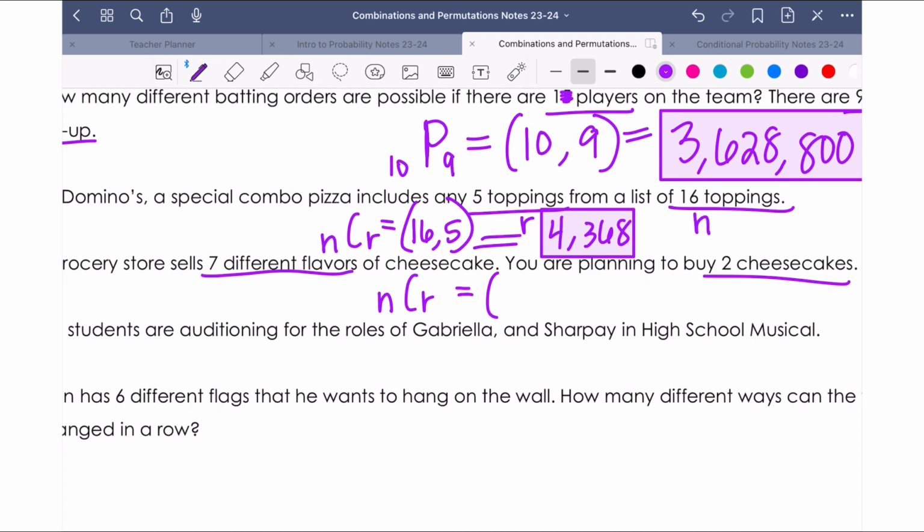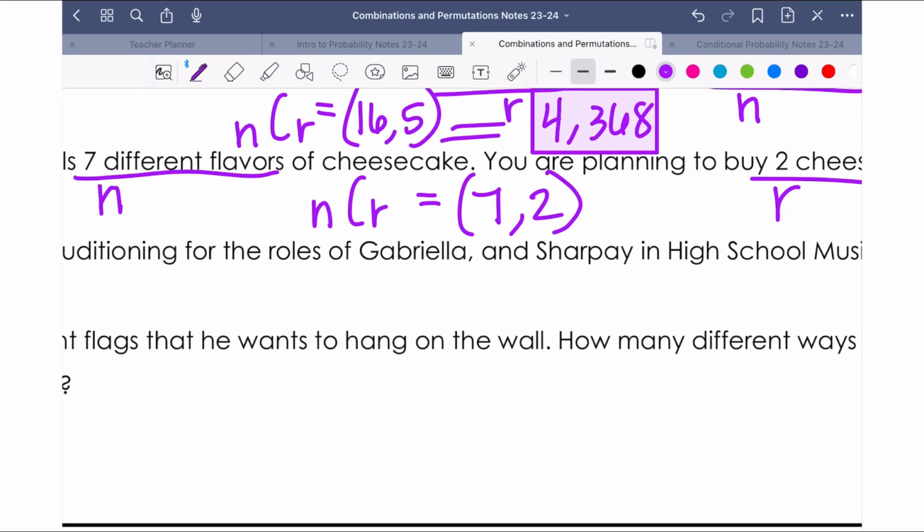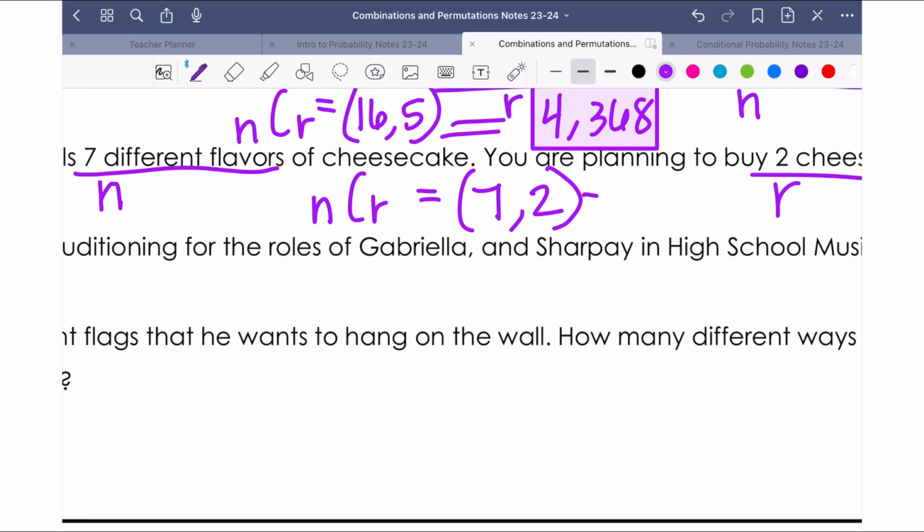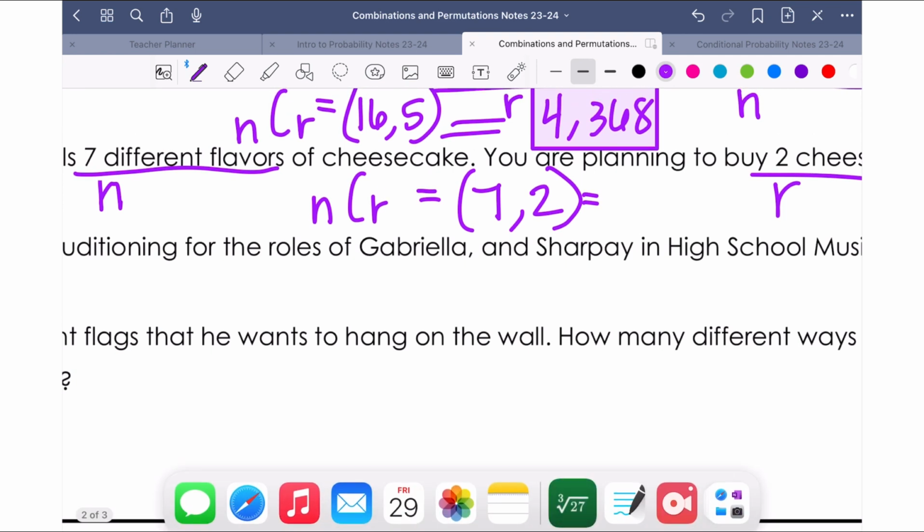Who's the N? 7 or 2? There's a total of 7 flavors. So, N is 7. And then you only want 2, so that's the R. So 7, 2. Okay?